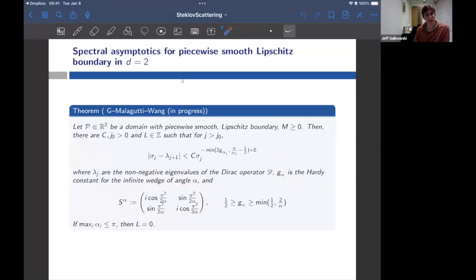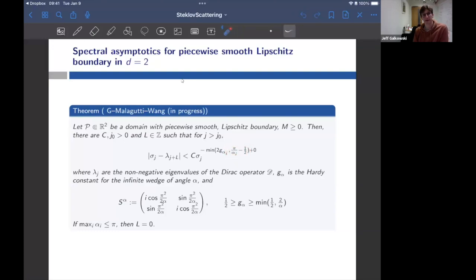But the moral of the story is that, again, the eigenvalues are close to the eigenvalues of this Dirac operator on the metric graph with matching condition given by this scattering matrix. And the quality of your approximation depends on two things. It depends on the size of the angle.